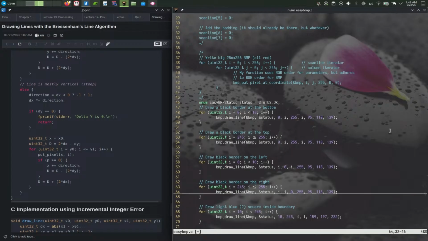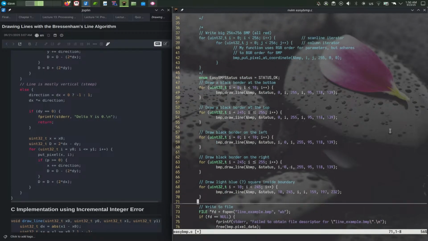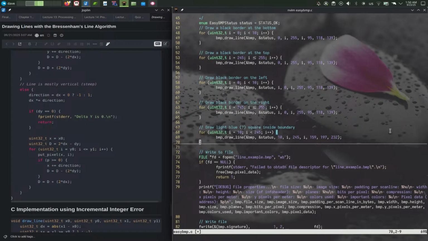And then since this is also a vertical line, x doesn't change, so the x2 should be that, and I'm going from 0 to the top column, right? And now I'm drawing these lines, and they're all horizontal, so I can do I here, and then 245, right? Cool.